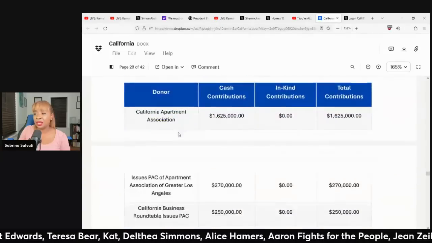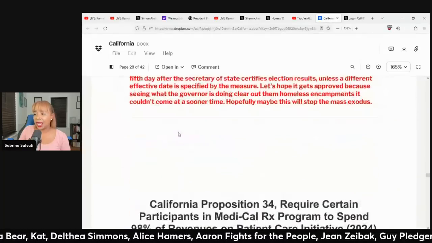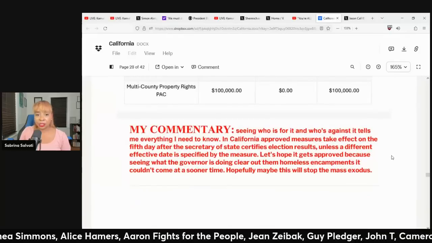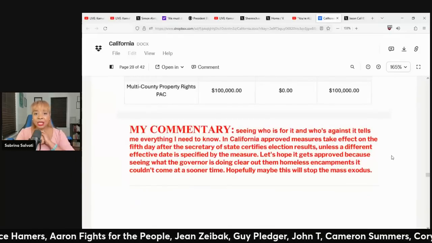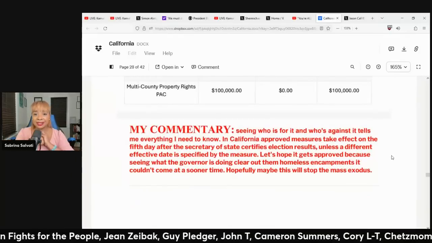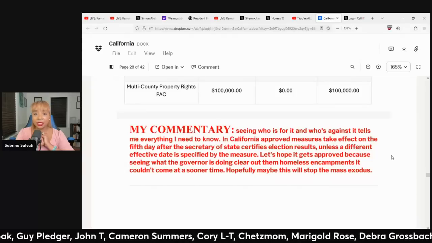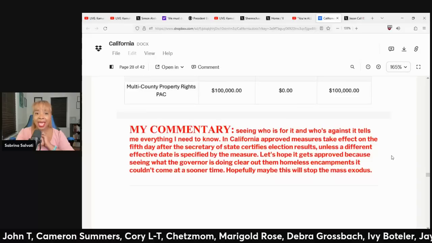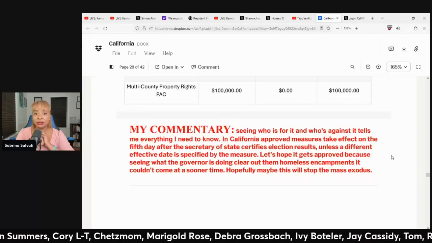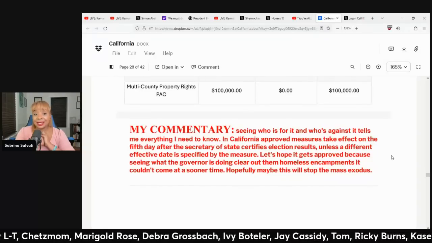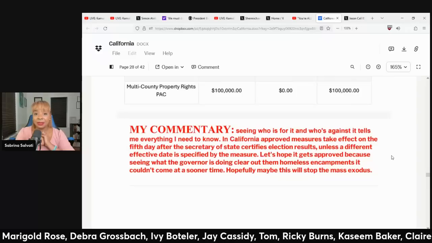I know housing is a big issue in Cali. Quick note here from Roger, who helps me with these. He said, seeing who it is for and who it's against tells me everything I need to know. In California, approved measures take effect on the 5th day after the Secretary of State certifies election results, unless a different effective date is specified by the measure.